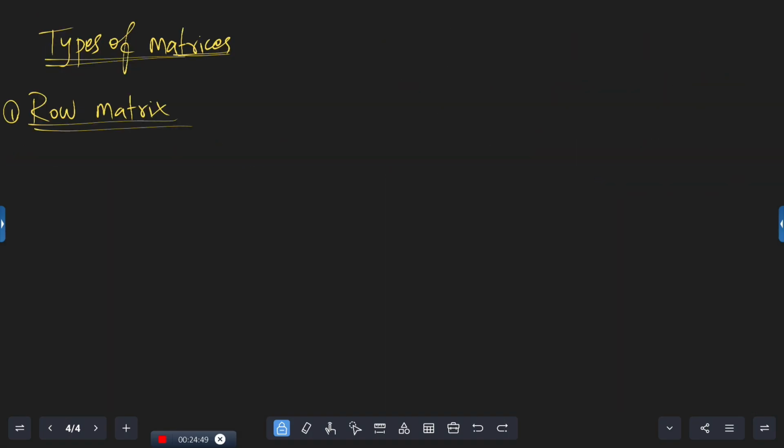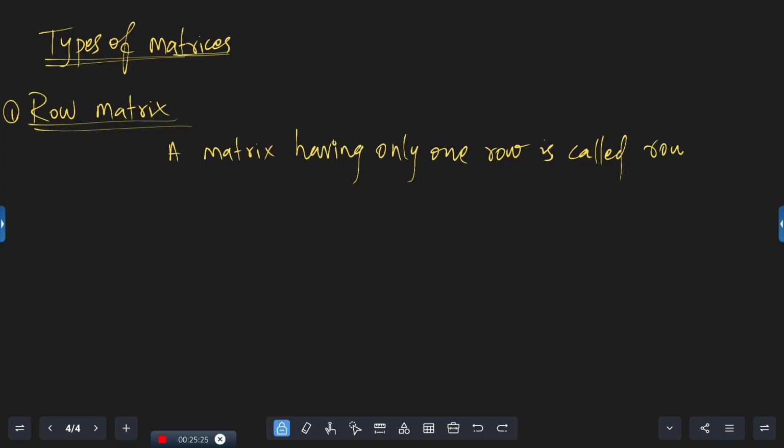Understand? In the same manner, we are going to write a row matrix. A matrix having only one row is called a row matrix.